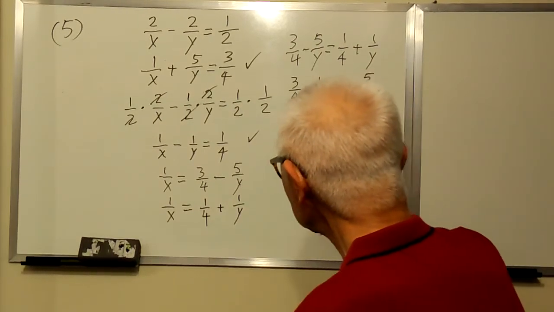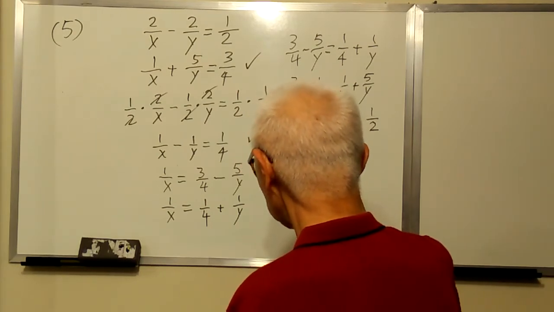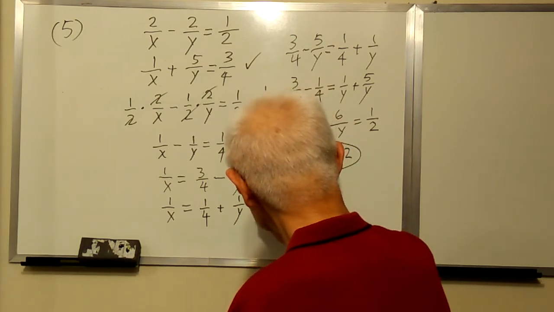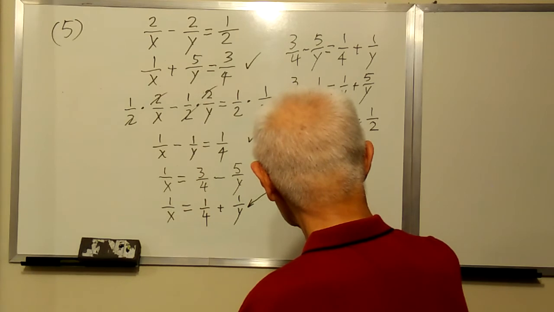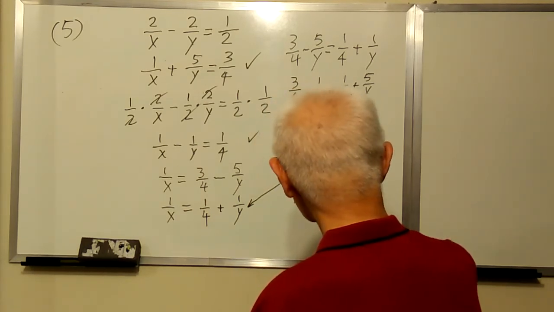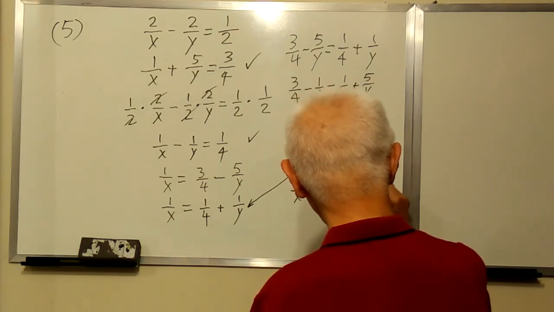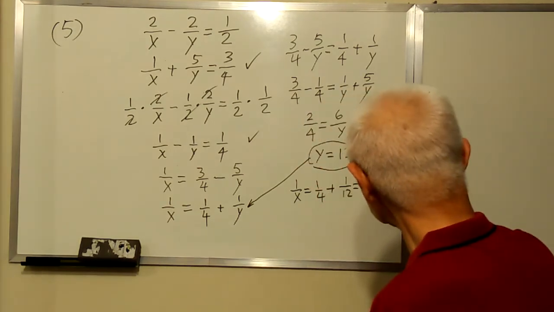Once you have the y, you can find the x very easily. For example, you put this into here. So I have 1 over x equals 1 over 4 plus 1 over 12. Now 1 over 4, I do common denominator. Common denominator is 12, then it's 3 plus 1.